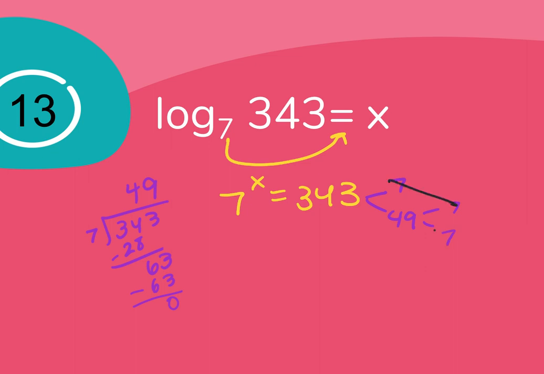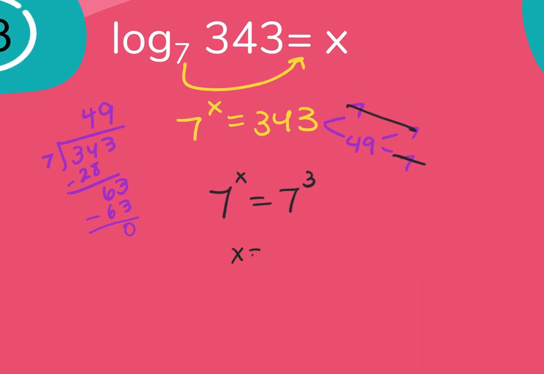So there are 3 7s, which means 7 to the x equals 7 to the third, and x is 3. So if you do not know, you use the factor tree.